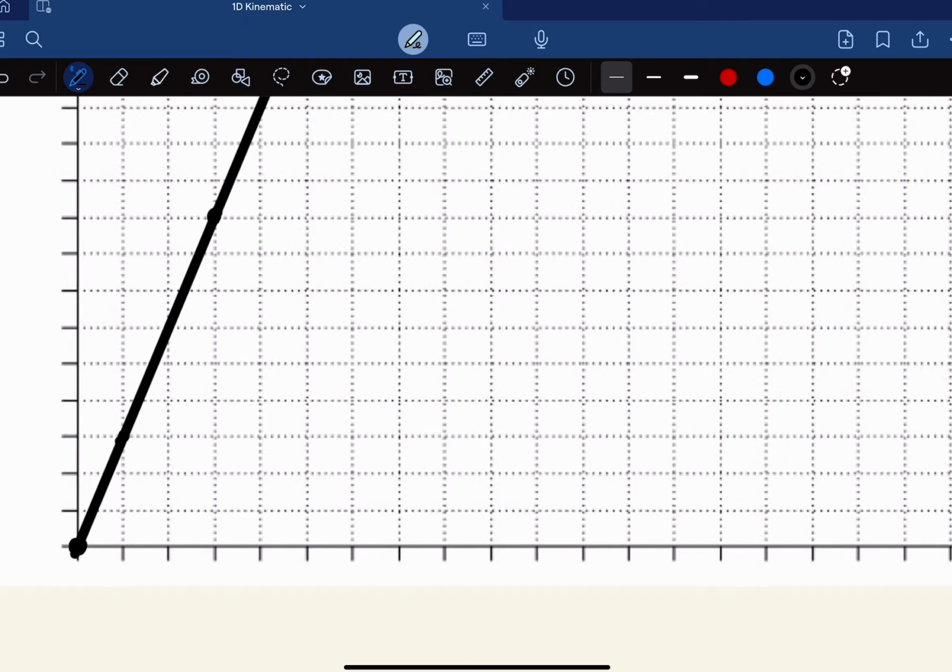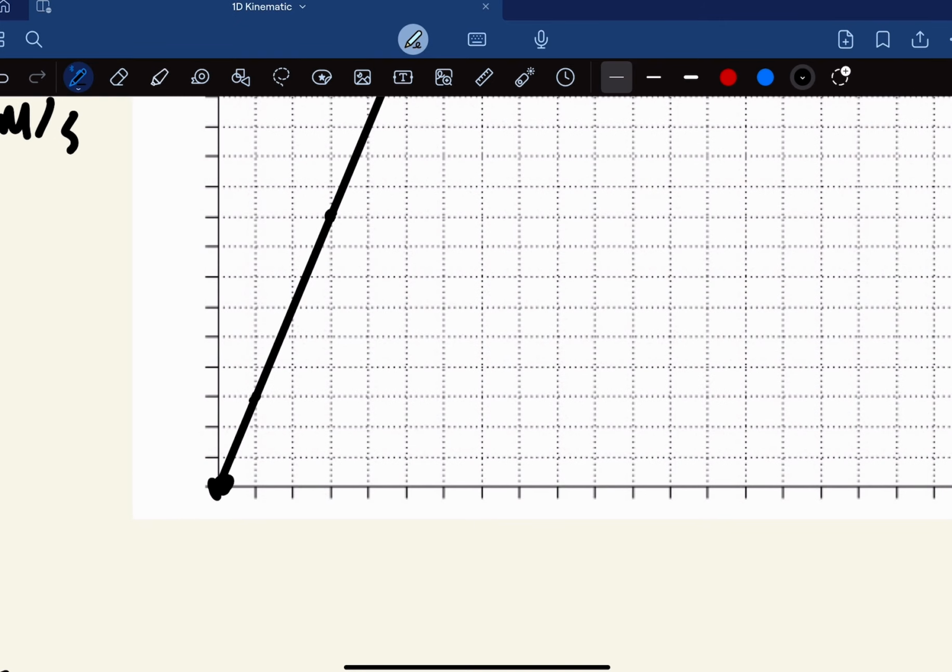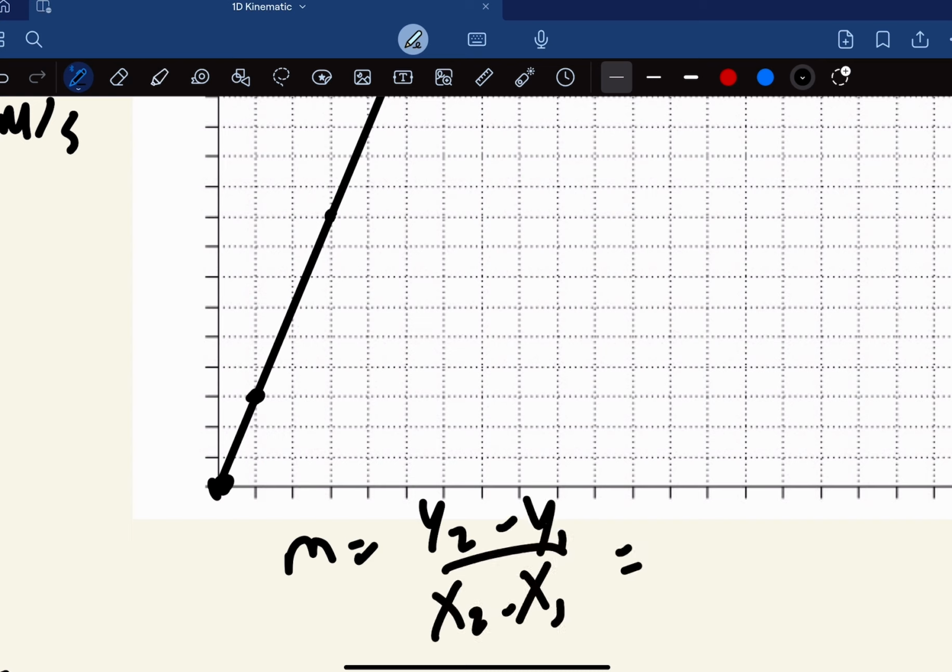So we can just observe 2 points here. Let's look at 0, 0, and then 1, 3. So m equals y2 minus y1 over x2 minus x1 equals d2 minus d1 over t2 minus t1.